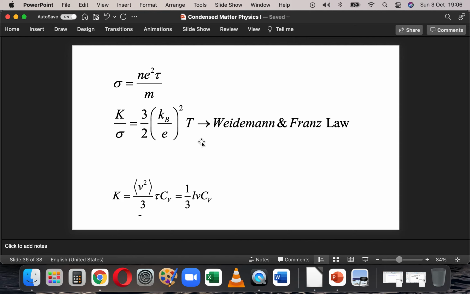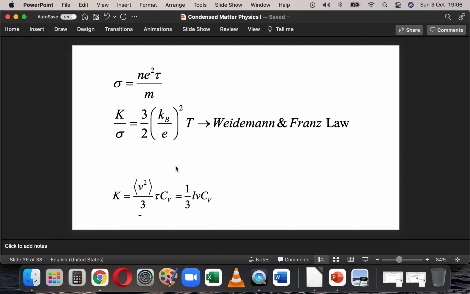Now this Wiedemann-Franz law was an empirical law given because of experimental data, but the Drude model was able to accidentally prove it. Like I said, it's an accident because the classical specific heat is an overestimate by a factor of 100. Classical velocity is an underestimate by a factor of 100.